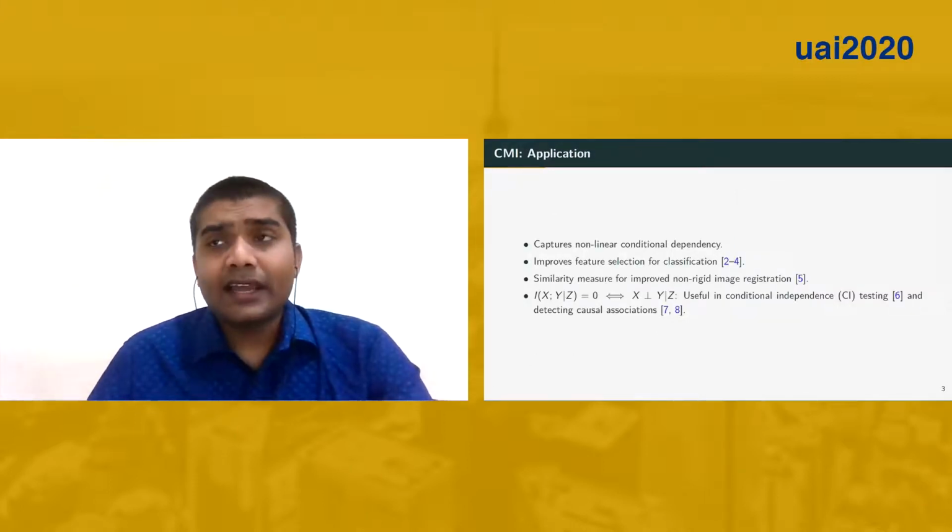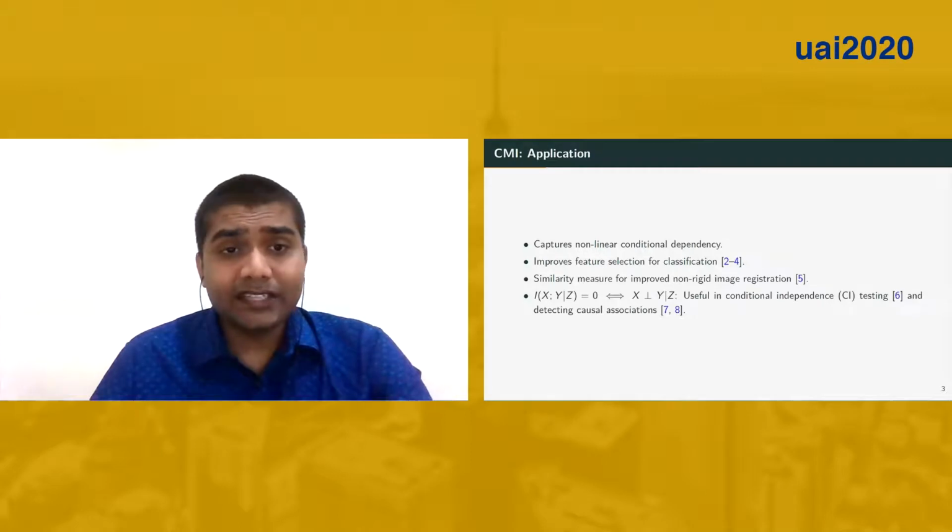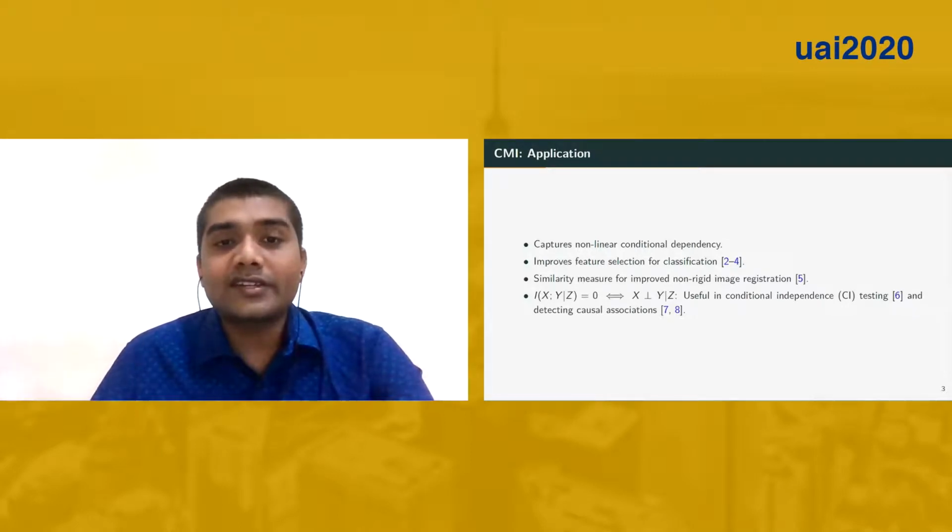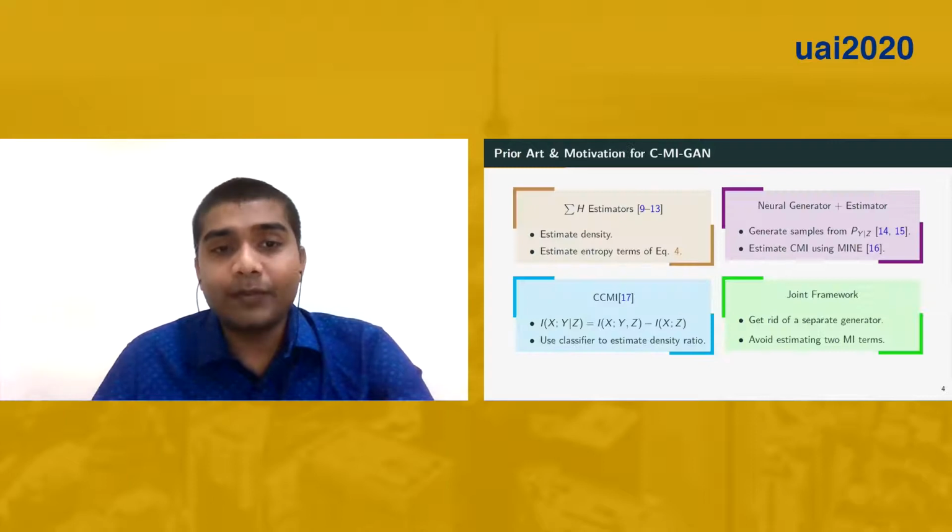Unlike Pearson correlation and partial correlation, CMI is able to capture nonlinear conditional relationship between two variables. CMI finds its usage in feature selection, conditional independence testing, and in causal association detection, to name a few.